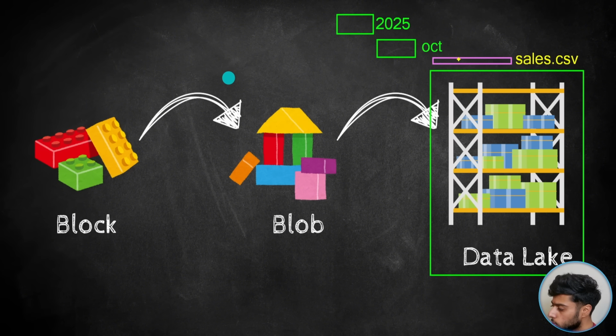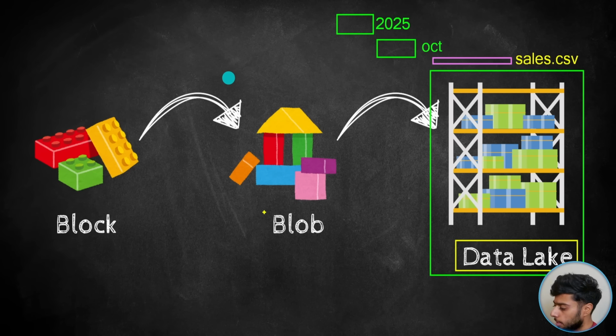So I want to store my data in the form of structured, hierarchical folders. In that scenario, I will be using something called a data lake. Data lake is built on top of blob storage, but with additional capabilities such as creating folders, creating hierarchical folders, and all those things.